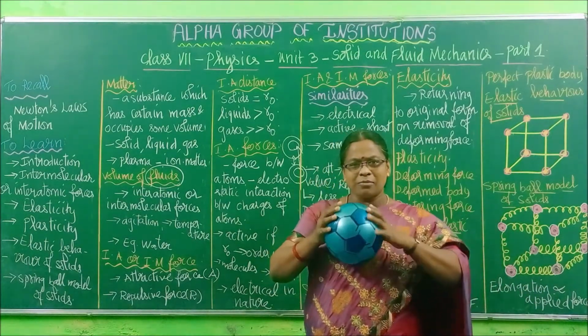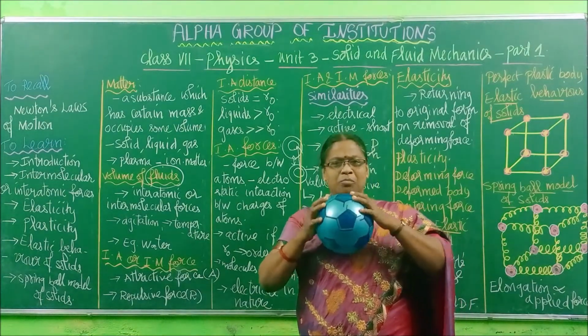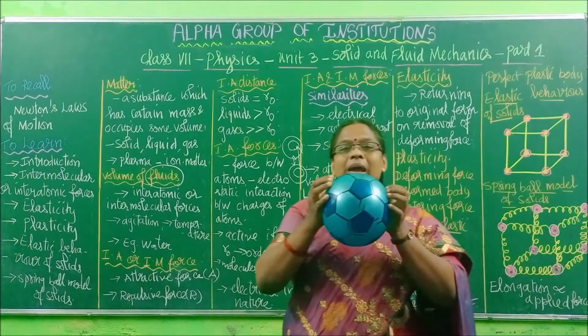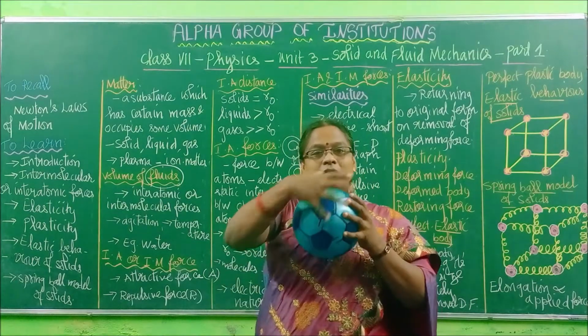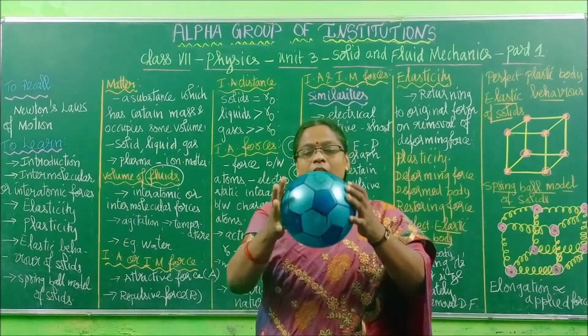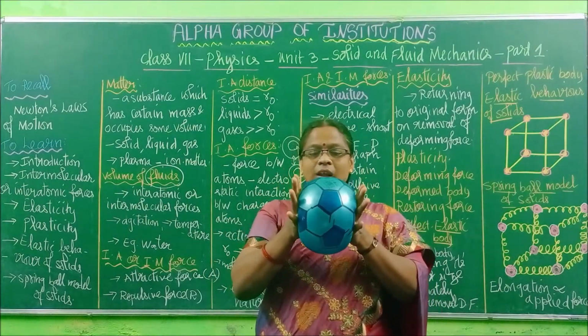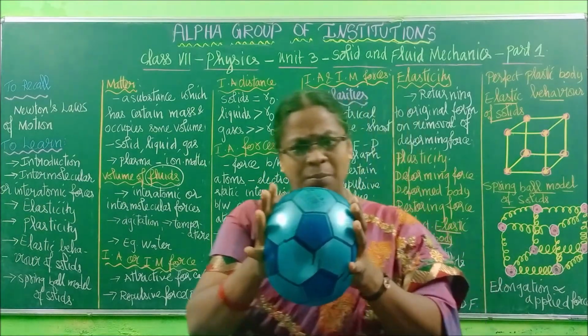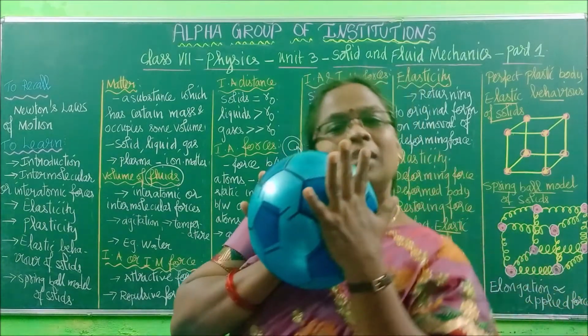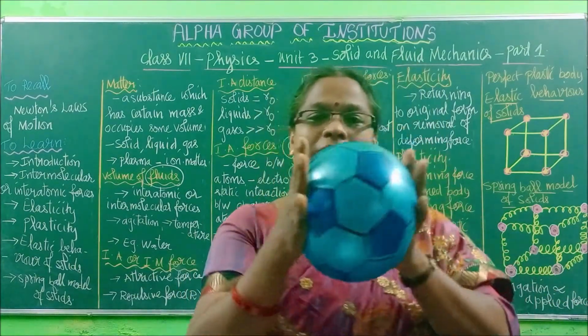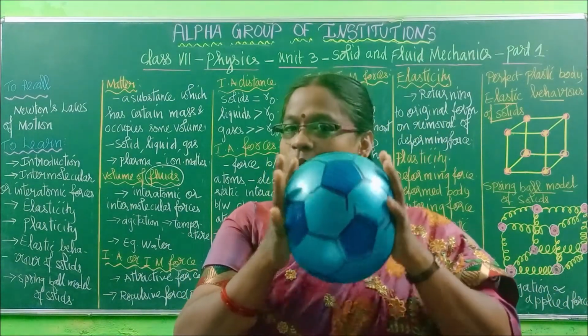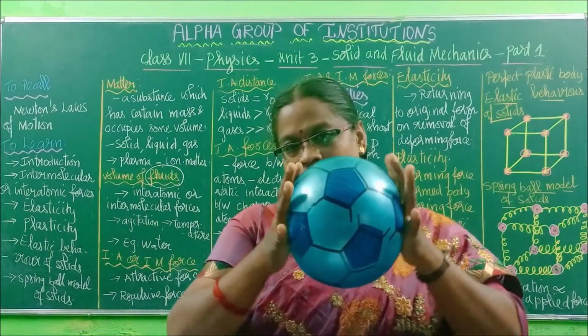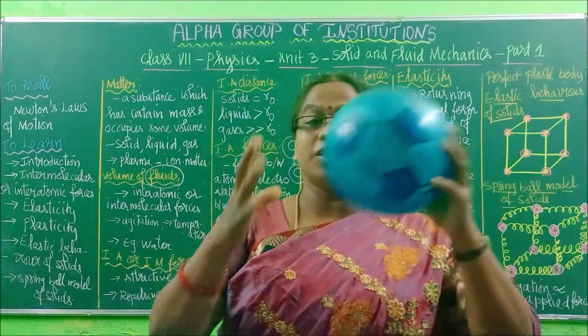This ball we have been seeing for 2 classes. Same ball. Listen to me. Now I am applying a force. So this is a body. Now is the body getting a change in shape? Yes, it is getting compressed at the sides. Now if I take the force off the ball, it is regaining its shape.